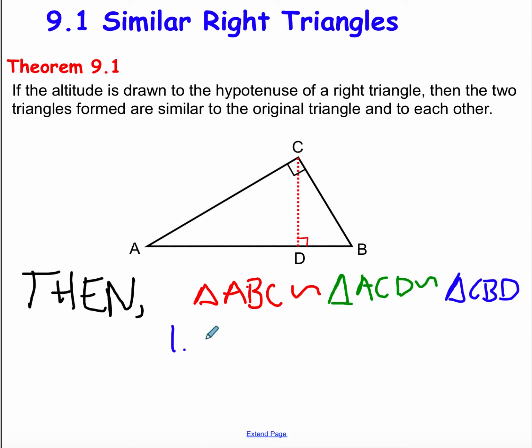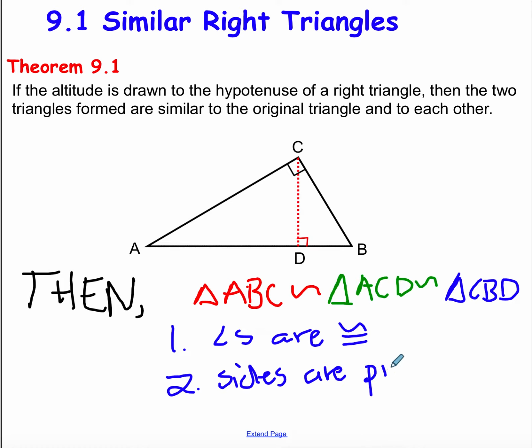The first being that their corresponding angles are congruent, and second, the corresponding sides are proportional. The corresponding angles are congruent and the corresponding sides are proportional.